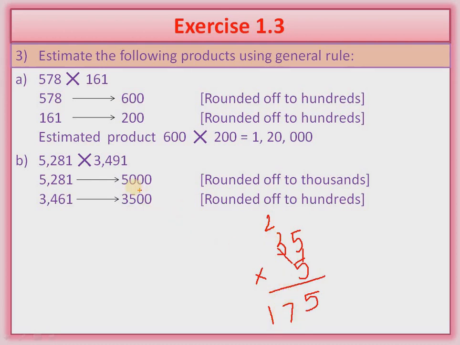Then count the total number of zeros, 1 2 3 4 and 5. So we will put 5 zeros after 175. That is 1 crore 75 lakh, the answer. Understood?